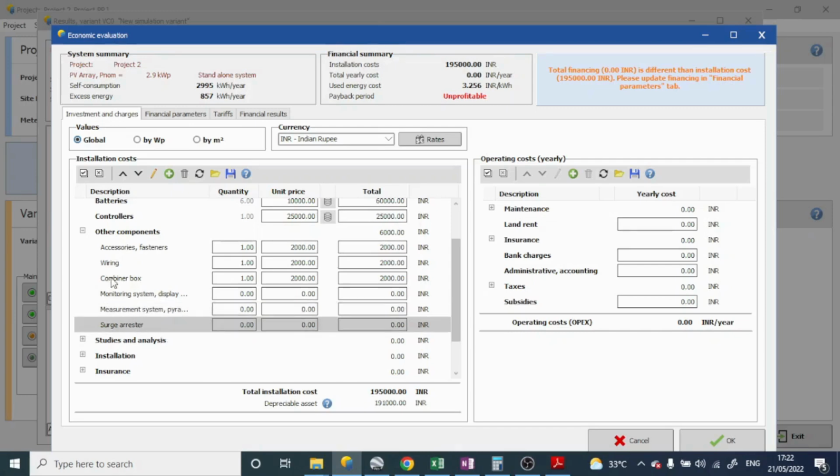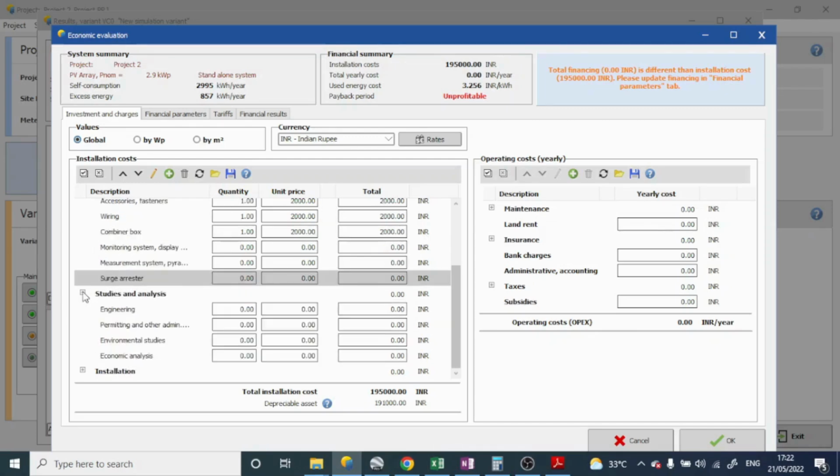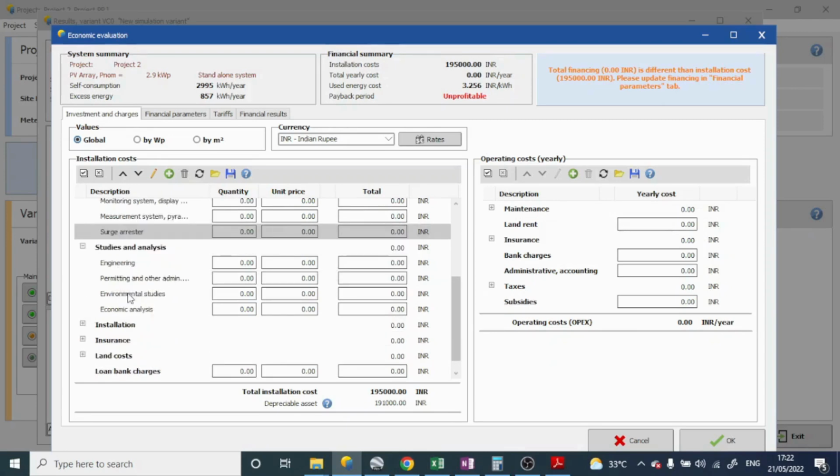Surge arrestor is included inside the combiner box itself, having the SPD and the MCBs that we are using inside it. Then we have studies and analysis, for any consultancy that we are hiring for designing our project: engineering, permit and admin, environmental studies, economic analysis. We just take on an average 2,000 rupees as consultancy cost. We can take it over here.